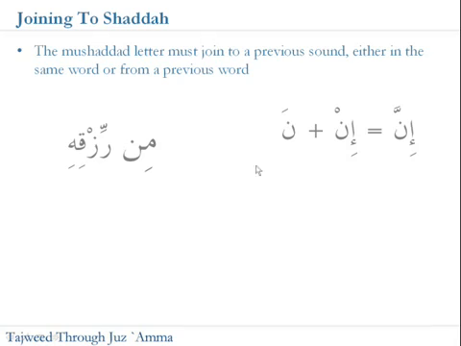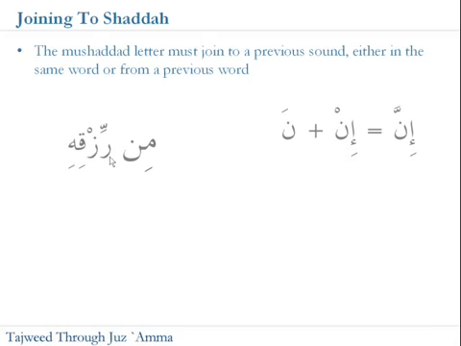Now the next case we've got here is min followed by another word which is rizqi. Now there's a certain rule which is taking place here. The ra with the shadda and the kasra has within it a ra which is sakin and a ra which is with a kasra.